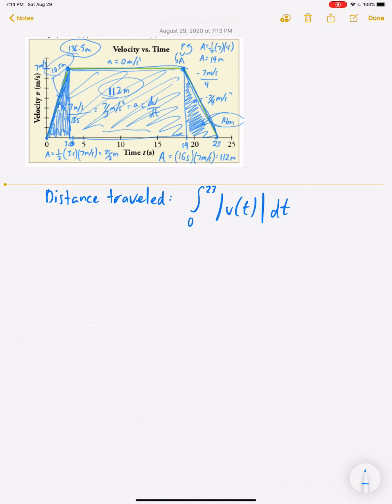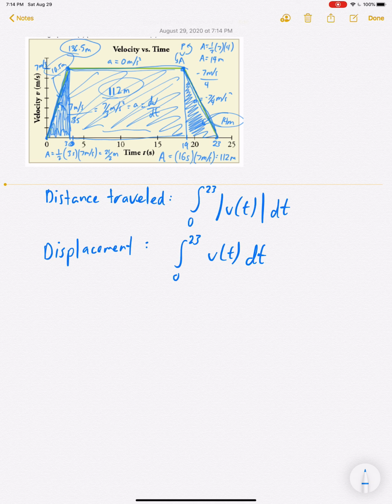Now, this velocity graph is always positive. It's always above the x-axis. So it so happens the distance traveled is going to be exactly equal to the displacement because we have no negative velocity ever. So the displacement formula is actually this. Displacement would be the integral from 0 to 23 of v of t dt.